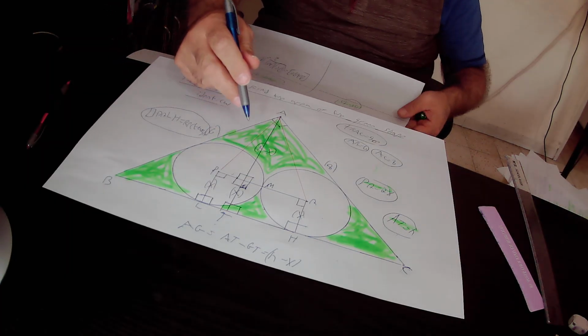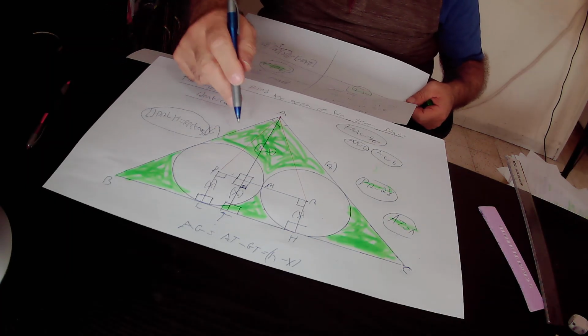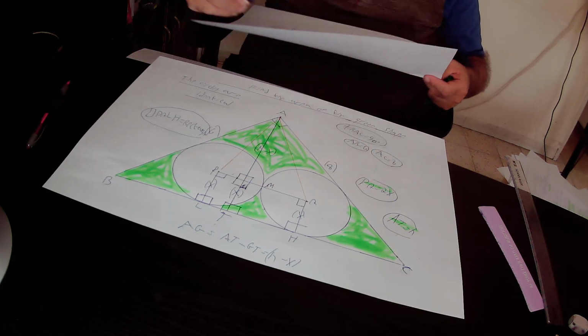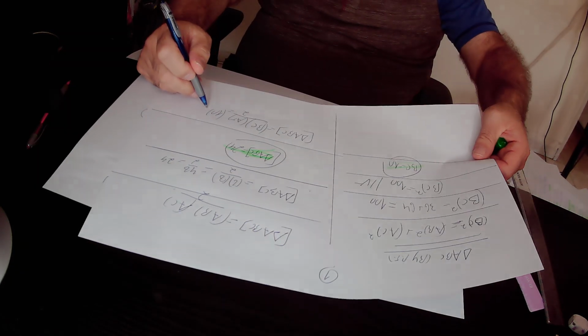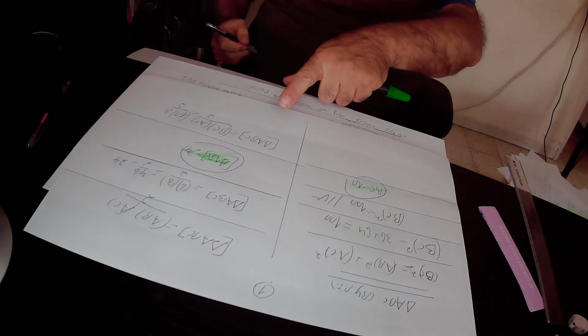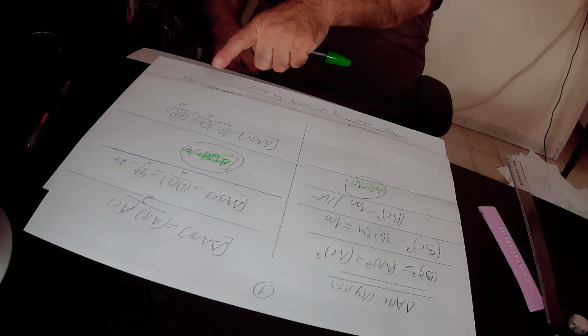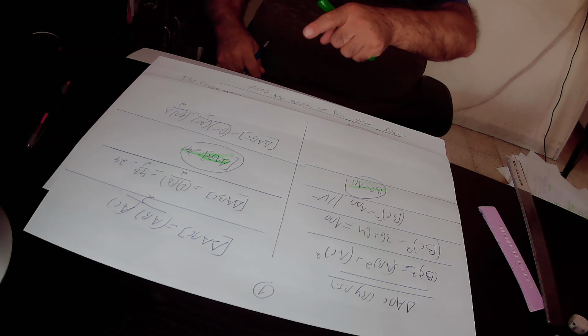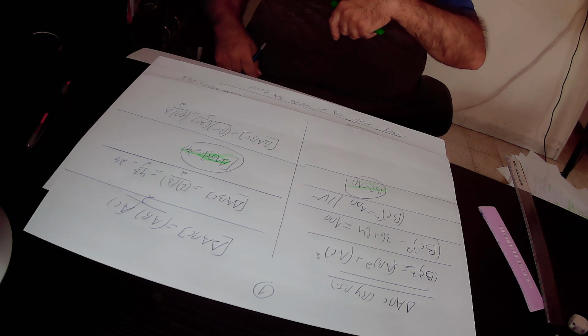The height AT is H, by definition. So in total we found out that the area of triangle ABC equals 10H over 2. But we also found out that the area of triangle ABC equals 24.